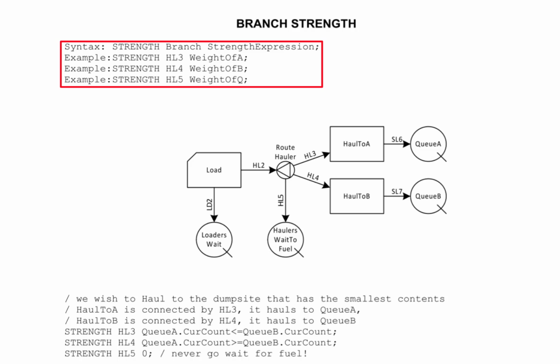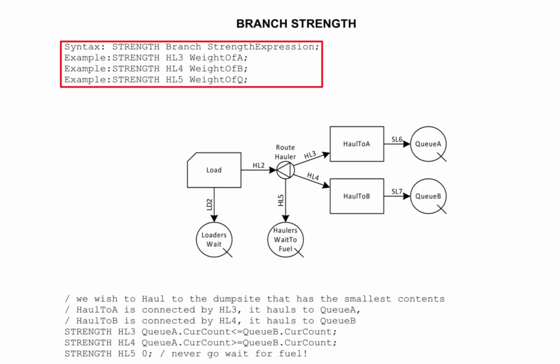For example, strength HL3 weight of A, where weight of A is a variable that defines the weight of selecting link HL3. We could have 3 such statements that define the strengths for links HL3, HL4, and HL5.